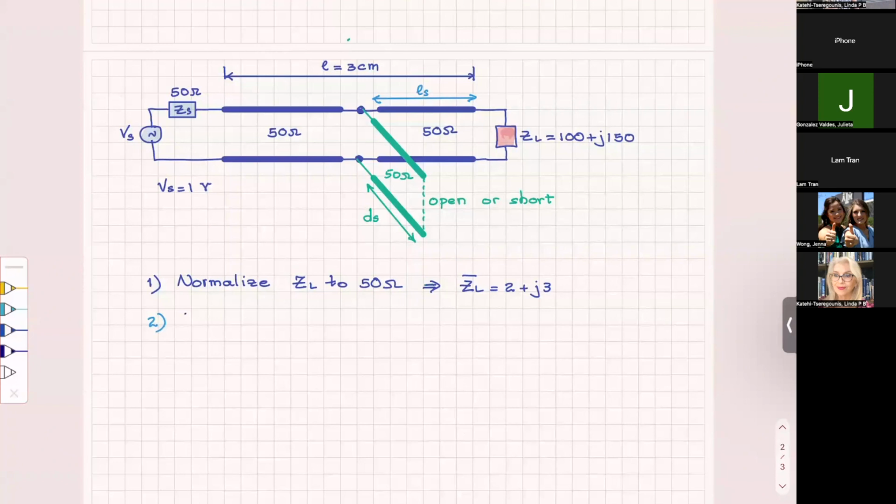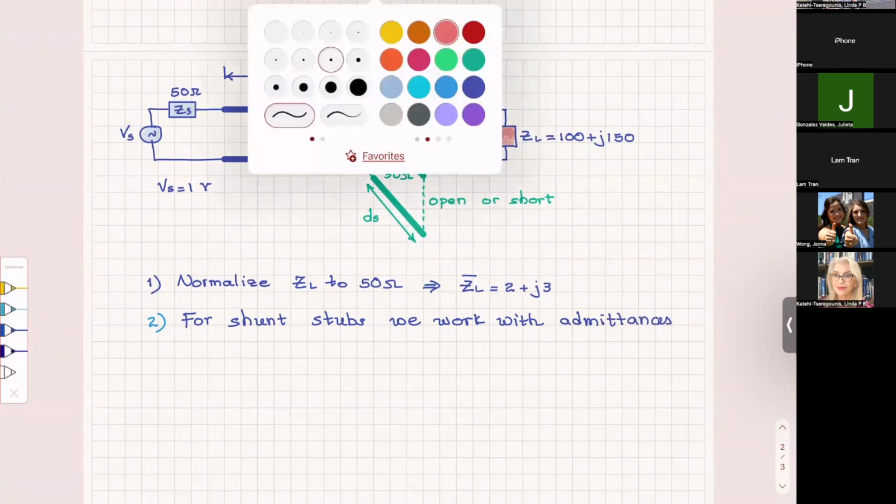So for shunt stubs, we work with admittances. And so that we highlight to remember it.